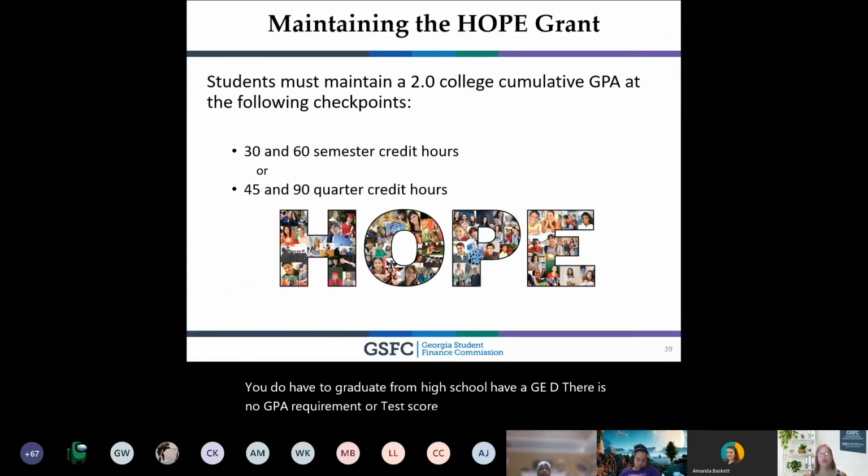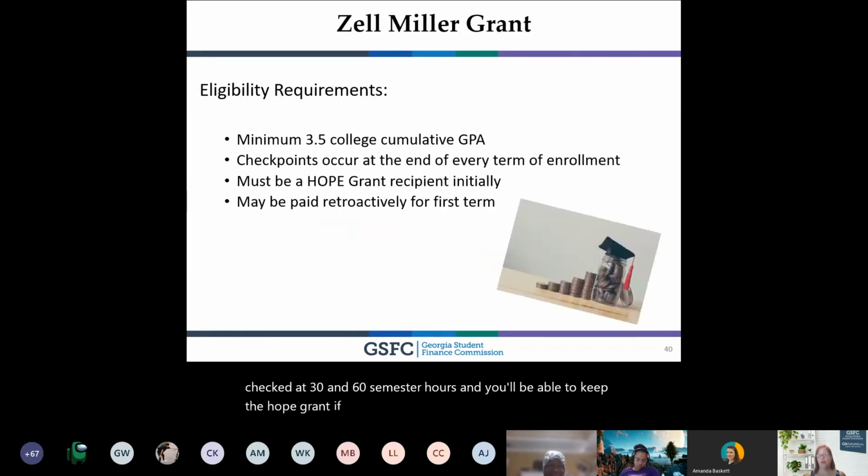So you'll enroll towards a certificate or diploma program, and if you maintain a 2.0 college cumulative GPA, and you'll be checked at 30 and 60 semester hours, then you'll be able to keep the HOPE grant. If you are able to earn up to a 3.5 cumulative GPA, you could actually move up to the Zell Miller grant. And again, that's only for certificate and diploma programs.